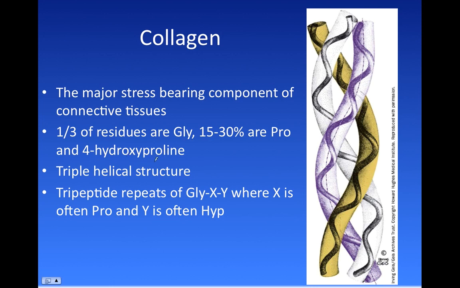So one question is, where did hydroxyproline come from? That was not one of the 20 naturally occurring amino acids. This is an example of post-translational modification. Glycine and proline are coded for, and then enzymes come in and recognize that second proline in these amino acid patterns and modify it through hydroxylation.